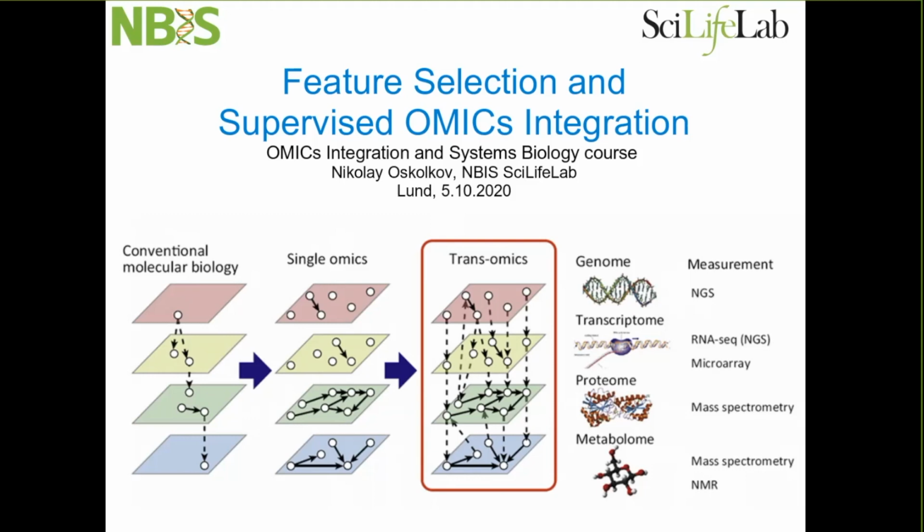And you have to do, unfortunately, very often feature pre-selection in order to overcome the curse of dimensionality. The curse of dimensionality is maybe one of the major challenges when you combine multiple data types measured for the same biological samples, and you need to handle it somehow.